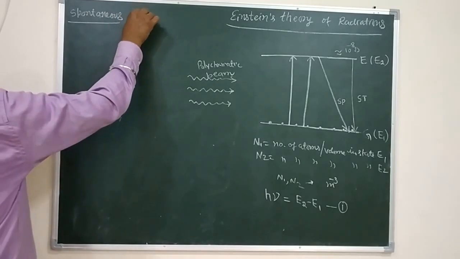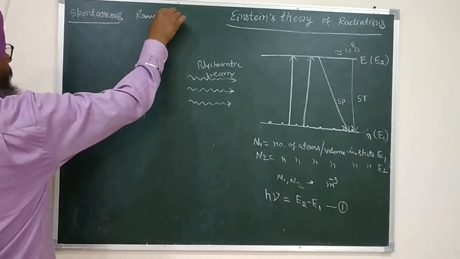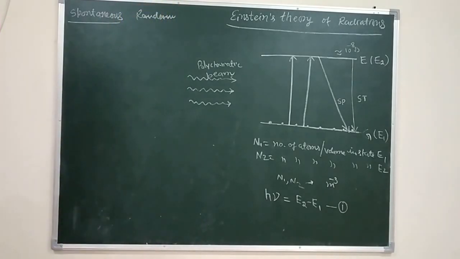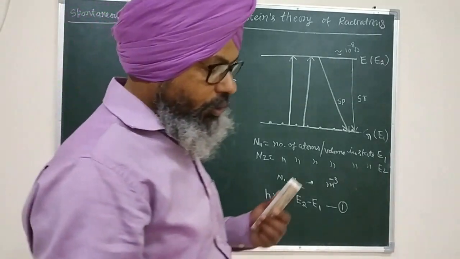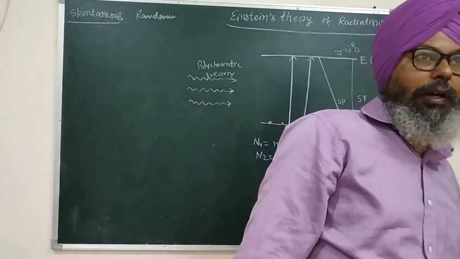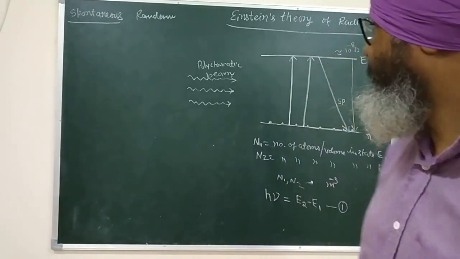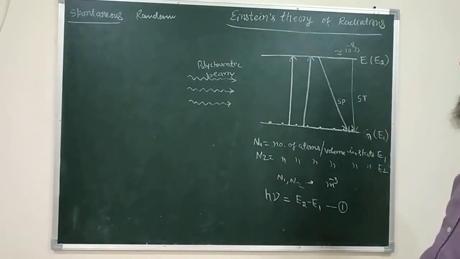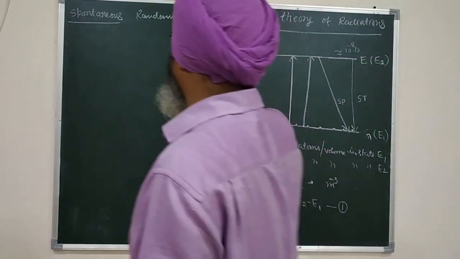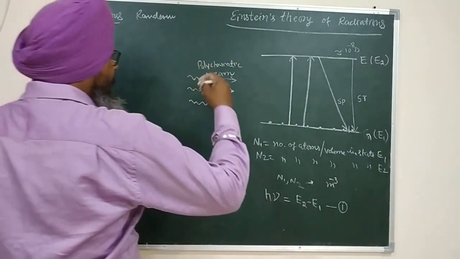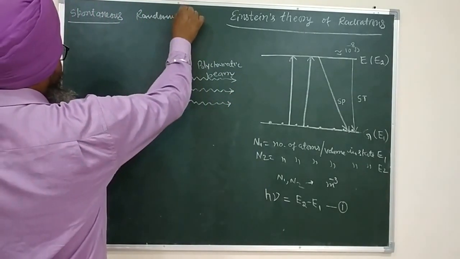It is a random process, and electrons will jump down to the ground level after spending their lifetime in the excited level, and when these electrons jump down, the electrons are not taking energy from any external source.